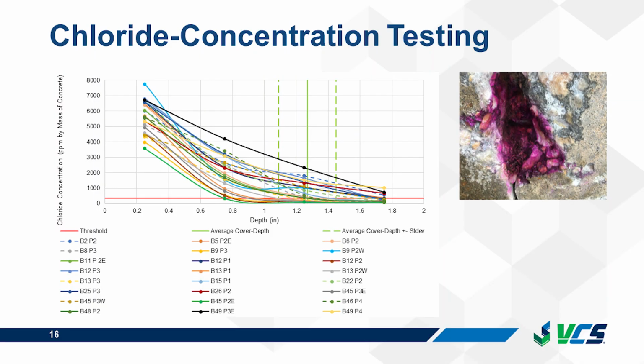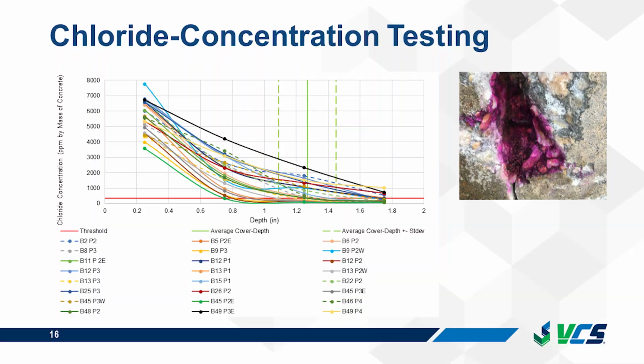This figure shows the results of chloride concentration testing. Here, the red line that you see is the corrosion initiation threshold of 350 ppm. The vertical green line is the average cover depth for the reinforcement from the GPR, and the dotted green lines are plus or minus 1 standard deviation.